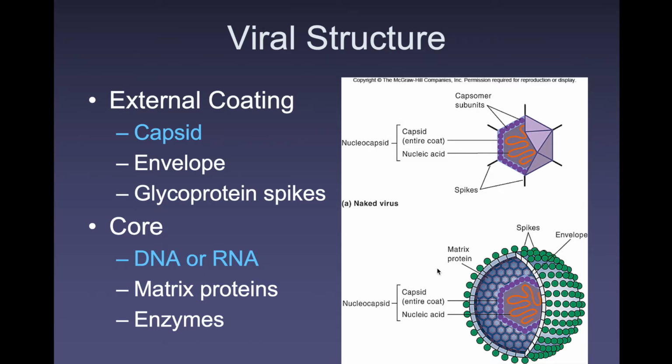Now you know that there's also a nucleocapsid here on an enveloped animal virus. In this case, the capsid, or the capsomer subunits surrounding that nucleic acid, are encased in this giant envelope, which is derived from the host cell upon budding. So this is an exocytosis, or budding, off of a host cell.